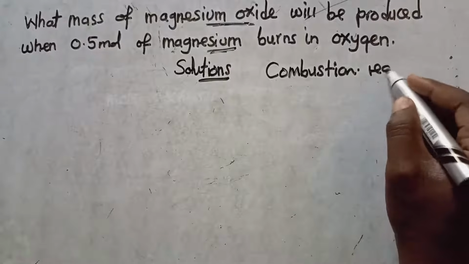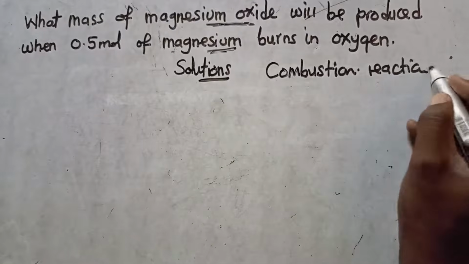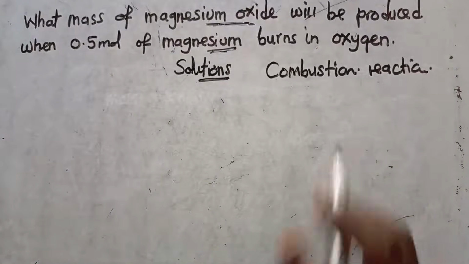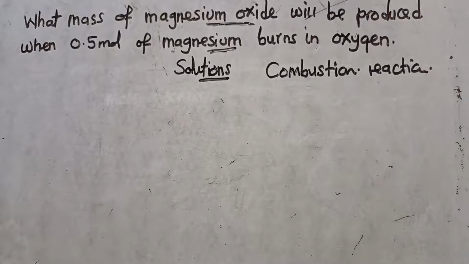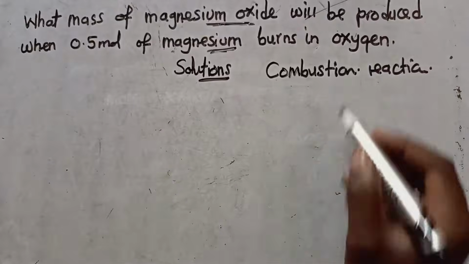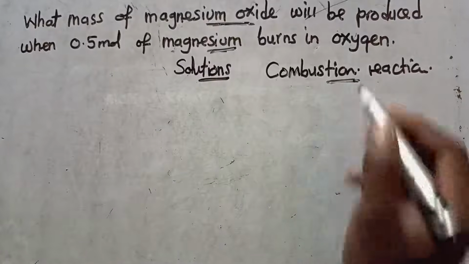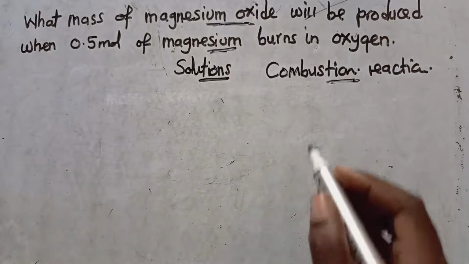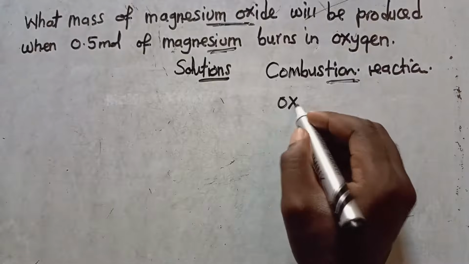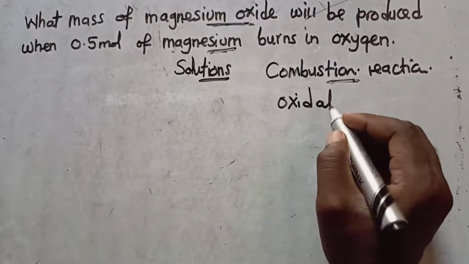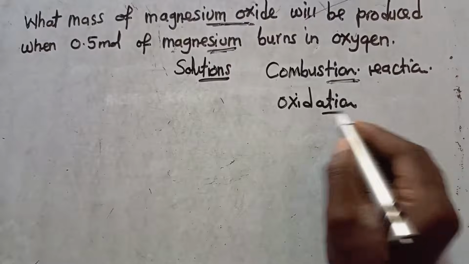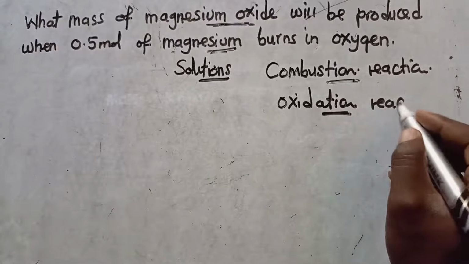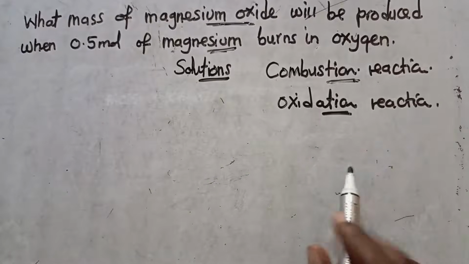Sometimes they may even ask you, so don't say we didn't cover this. Whenever a substance burns in oxygen, that type of reaction is called a combustion reaction. But when oxygen is added to a substance, we call that an oxidation reaction. These two are very important.